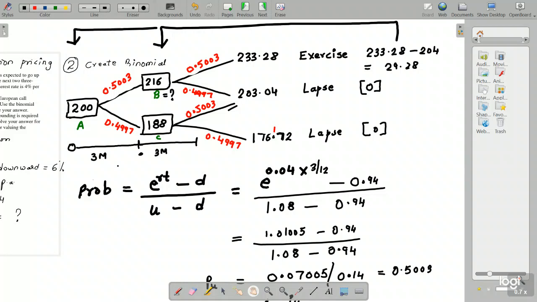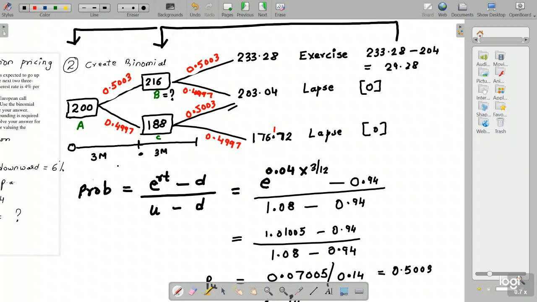So now this 29.28 after 6 months, I have to bring it back to 3 months, and then regress it another 3 months. So I'm going to bring this to node B, and I need to calculate some value. Whatever the value that will come, I will again take it back to node A, right?